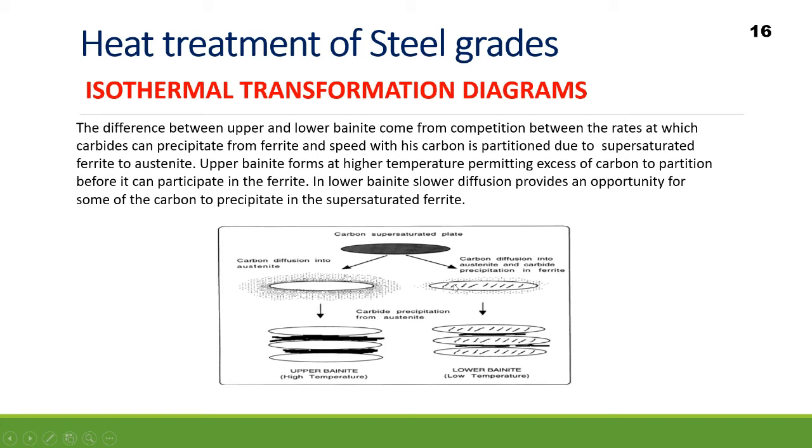These are your cementite needles, and it will give you this kind of structure. Here you see carbon layers and cementite needles in the austenitic phase. So this is what makes our lower bainite, which takes place at low temperature.